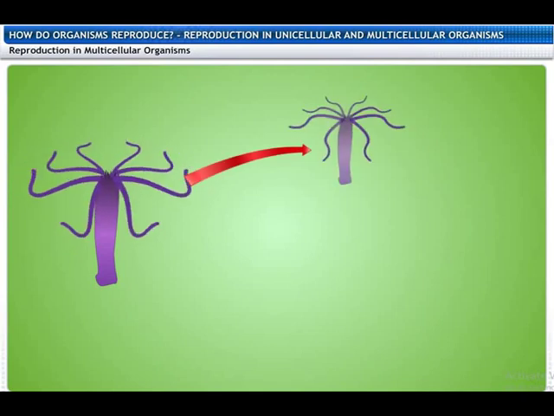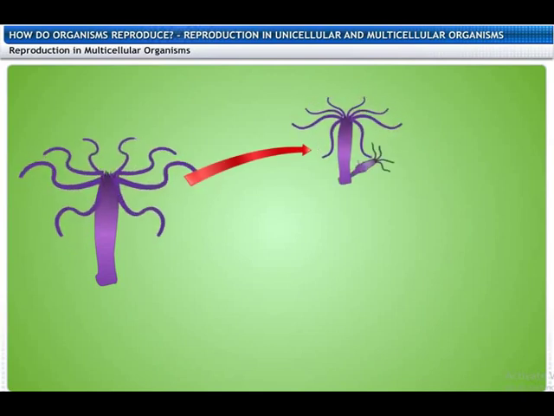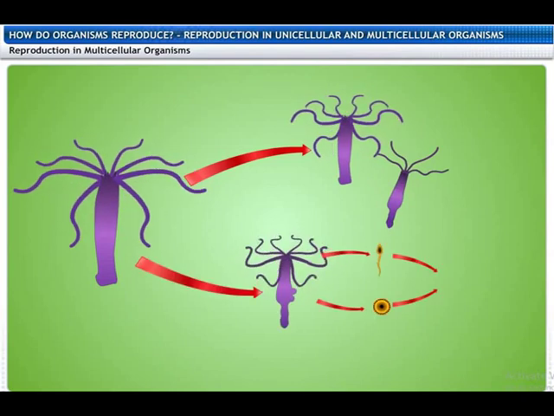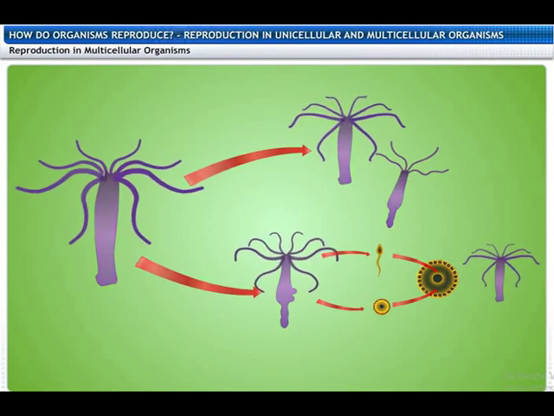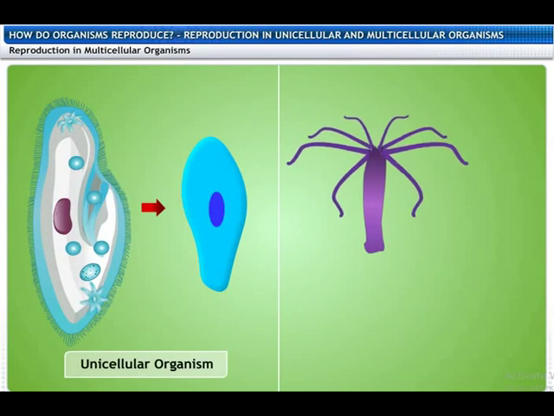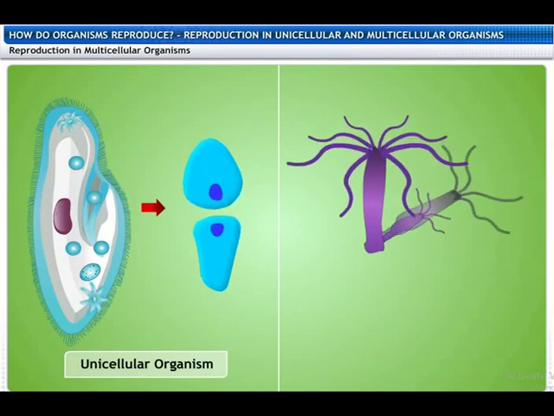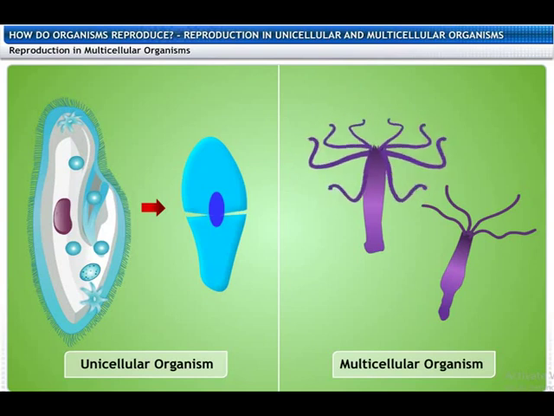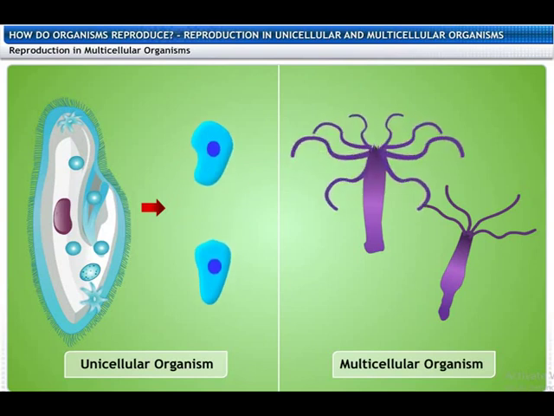Well, multicellular organisms can reproduce asexually as well as sexually. But to answer your question, some of the reproductive methods used by unicellular organisms do work with multicellular organisms that have relatively simple body organization.